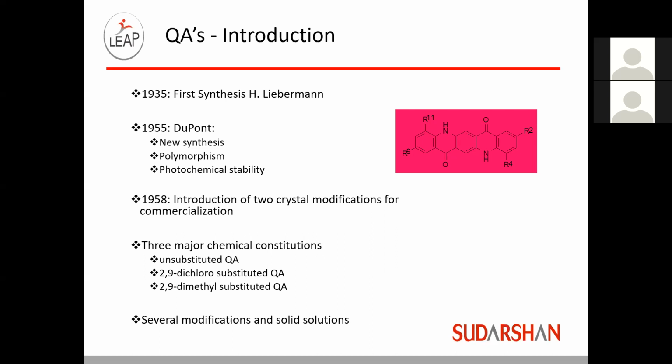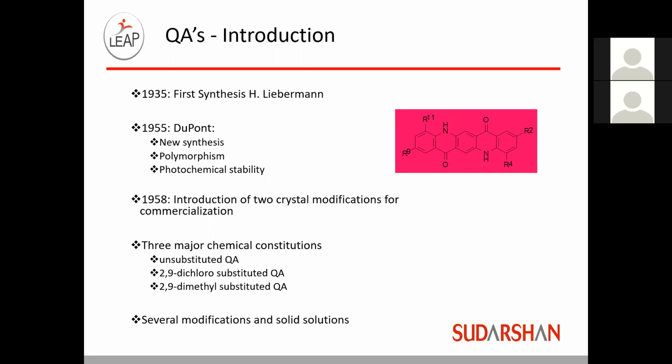Then there are three major chemical constitutions of the quinacridone backbone: the unsubstituted quinacridone, which is your pigment violet 19; the 2,9-dichloro substituted quinacridone, which is going to be your pigment red 202 and pigment red 209; and the 2,9-dimethyl substituted quinacridone, which is going to be your pigment red 122.